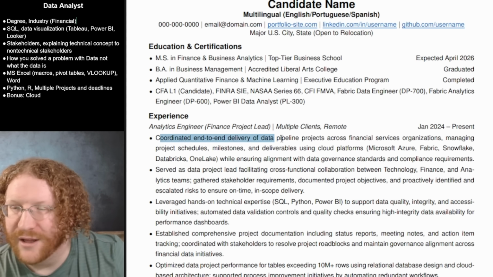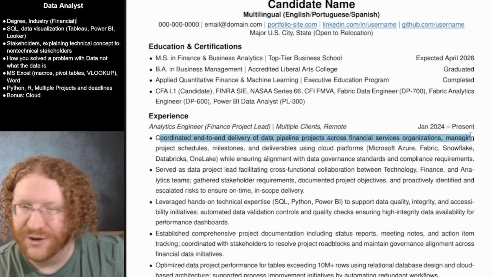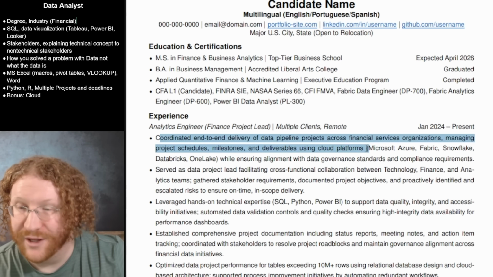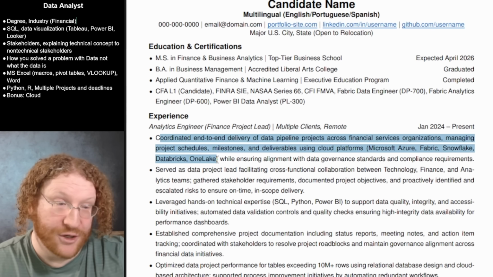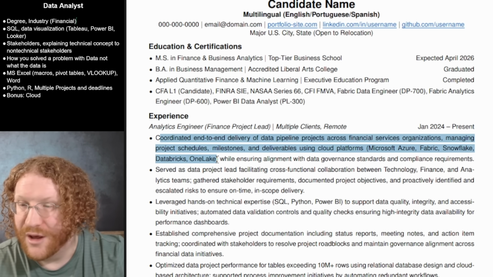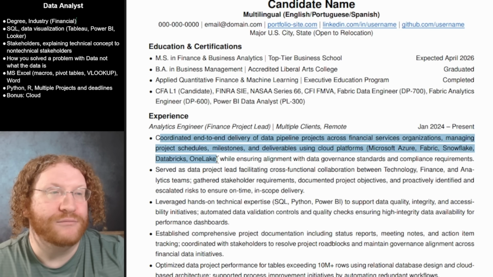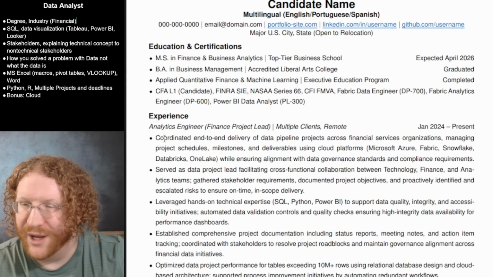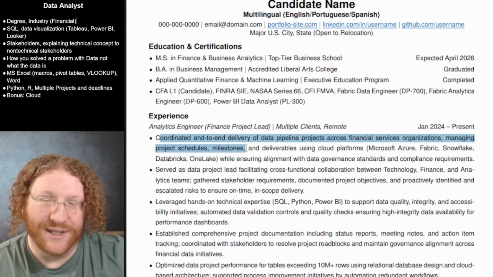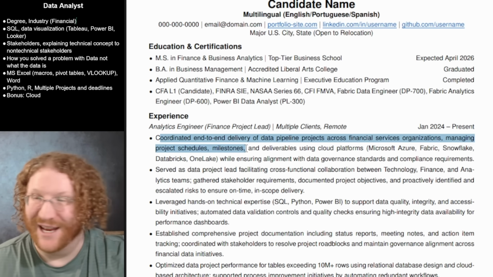Like "coordinated end-to-end delivery of data pipeline project across financial service organizations, managing project schedules, milestone deliverables using cloud platforms" screams to me as a project manager or maybe data engineer, not data analyst. And I do know I say multiple projects, and that's good, but I don't really necessarily need to see that you coordinated. I just need to see that you did.